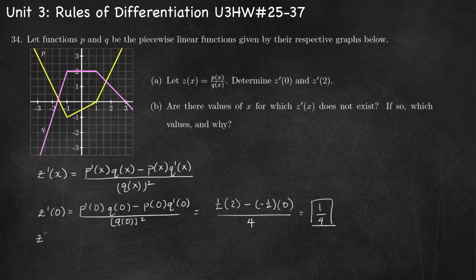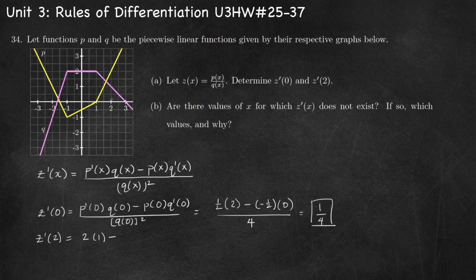Z prime of 2 will be p prime of 2. So p prime of 2 is the slope of p when x is 2, and that slope is 2, times q of 2. So the value of q when x is 2 is 1, minus p of 2.